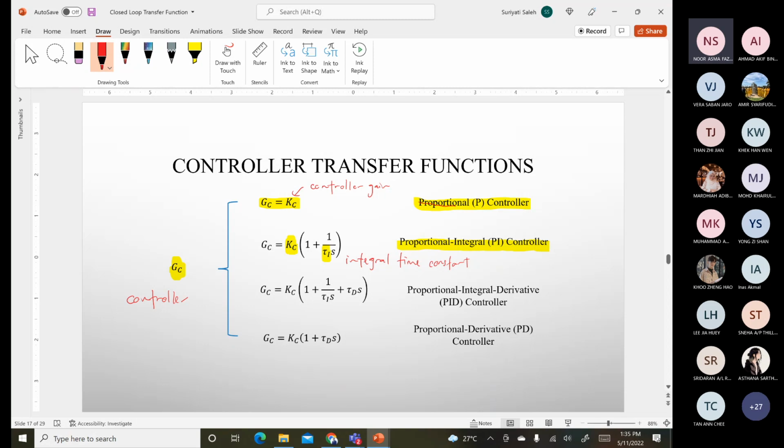And the third case is the PID, proportional integral derivative controller. You can see there are three parameters: Kc, tau I, and tau D. Kc is your controller gain, tau I is the integral time constant, and lastly, tau D, where D stands for the derivative time constant.